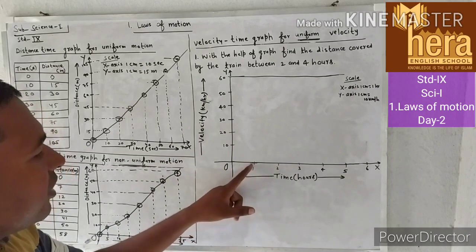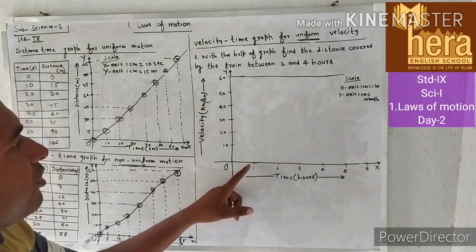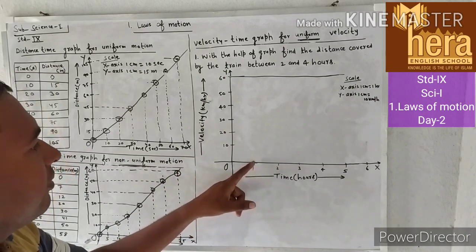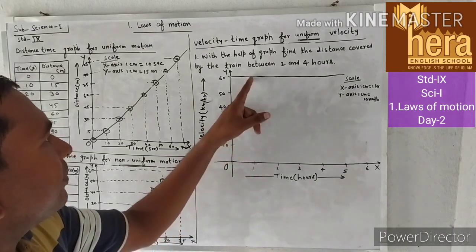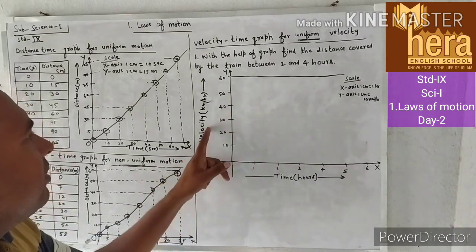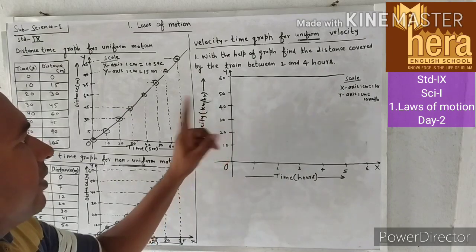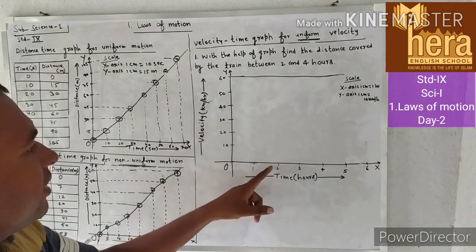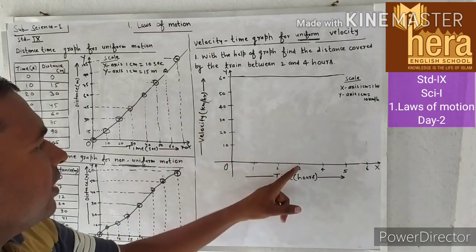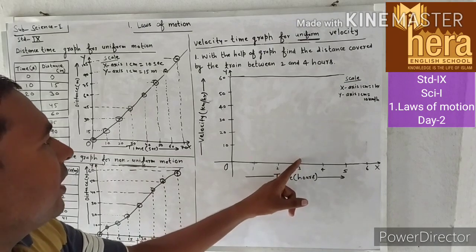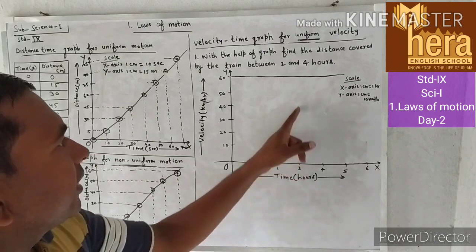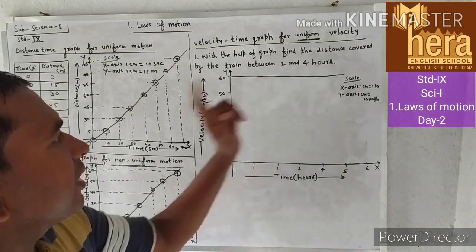At time equal to 1 hour, what is the velocity of the car? Again 60 km per hour. Since velocity is on y-axis, that is in km per hour. At t equal to 3 hour, again this is 60 km per hour.